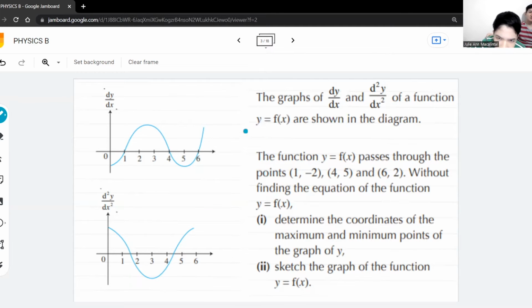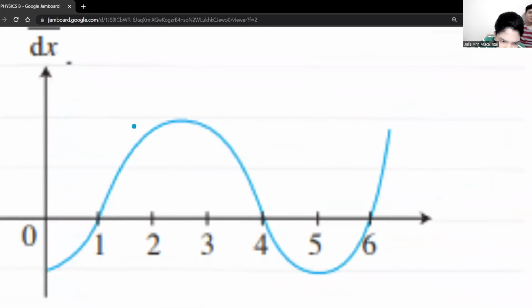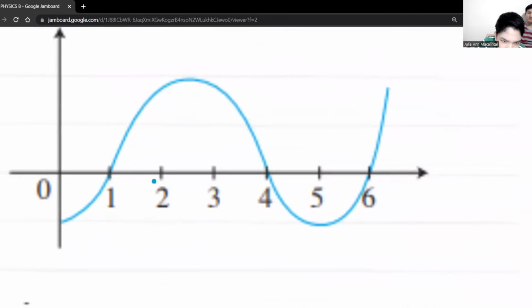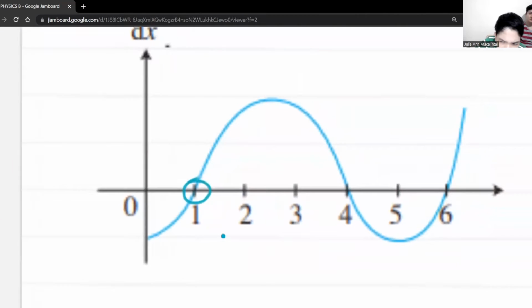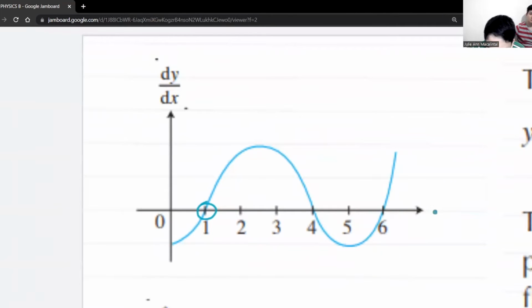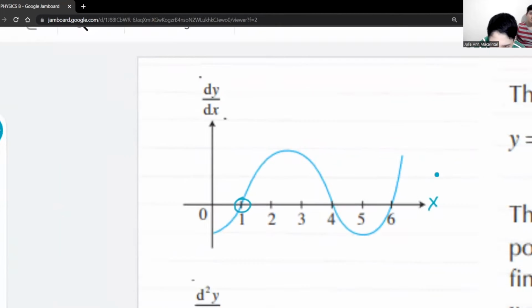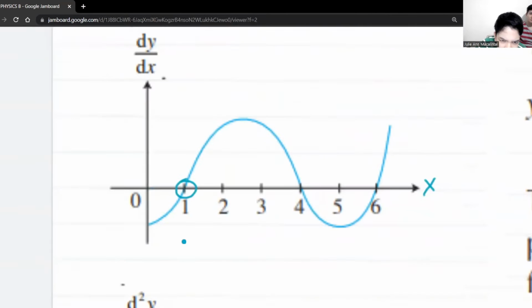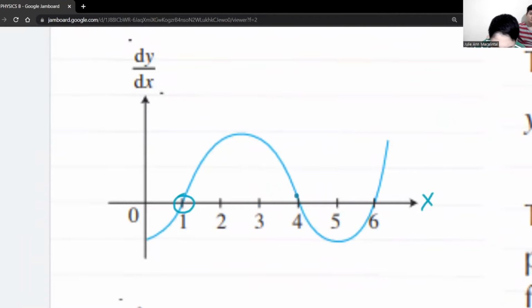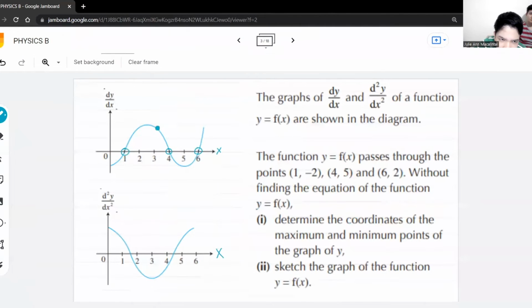Observation, yes. Assuming that the graphs here are accurate, dy/dx is 0 when x is equal to 1, 4, and 6.